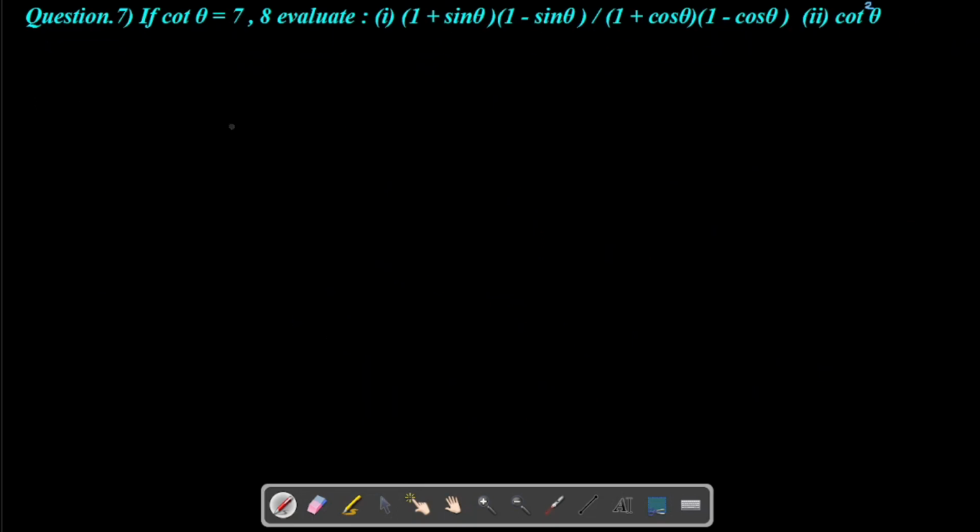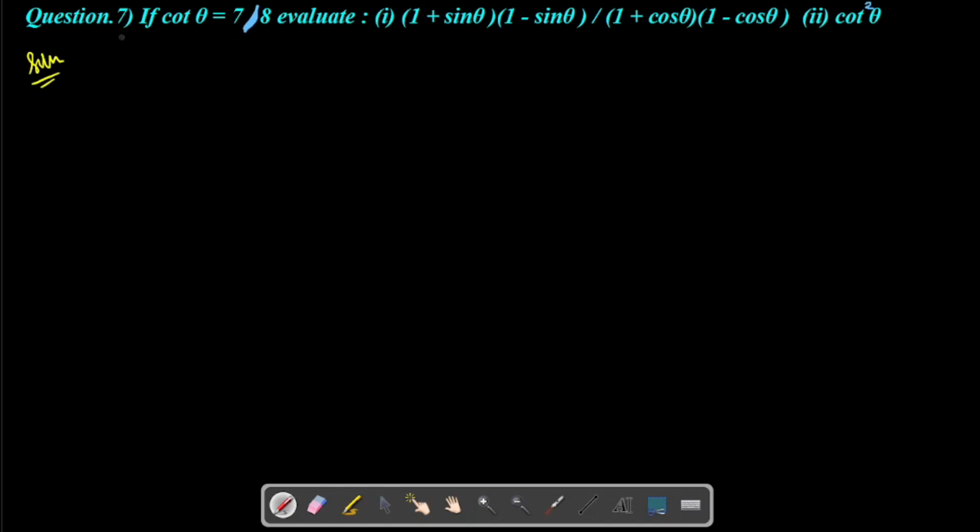Okay. The question number 7. So what is the question number 7? There is some printing mistake here. We just clarify it that it is not 7 comma 8, it is 7 divided by 8. Now the answer, or we can say solution.